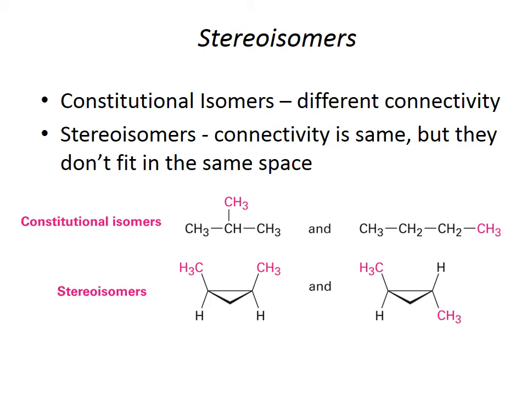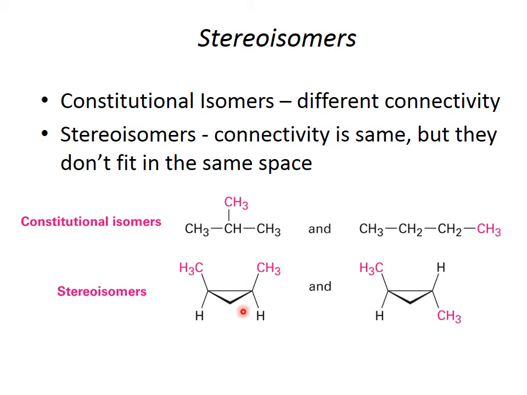All right, stereoisomers, I already talked to you about this. Constitutional isomers have different connectivity. If I look at this and this, they are constitutional isomers. Why? Because the way the carbons are connected is different from the way the carbons are connected here. However, if I look at this, it is a stereoisomer because there's a carbon attached here and a carbon attached here, and over here there's a carbon here and a carbon here.